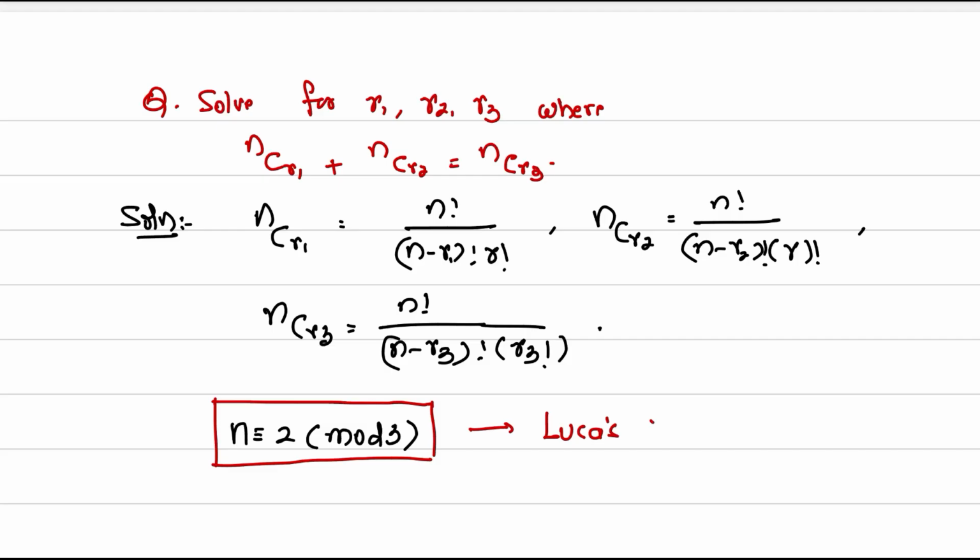This is not the direct definition of Lucas theorem, it is an observation. From the observation or derivation of Lucas theorem, we can say n is equivalent to 2 mod 3. Let us try to apply it. Then shall we get a solution for r1, r2, r3 such that r1 is not equal to r2, r2 is not equal to r3.